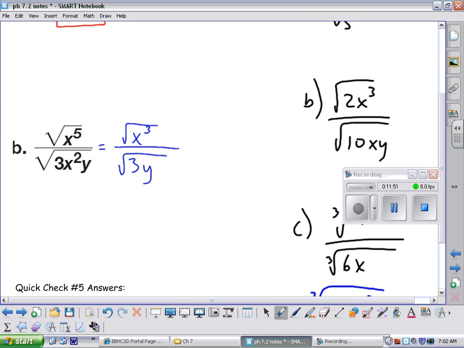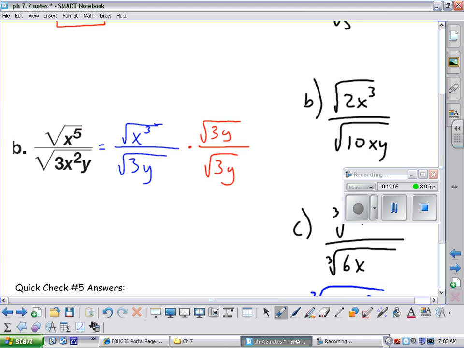So now the last thing I need to do here is multiply by square root of 3y, just like what you would have done previously. So square root of 3y there, square root of 3y there.